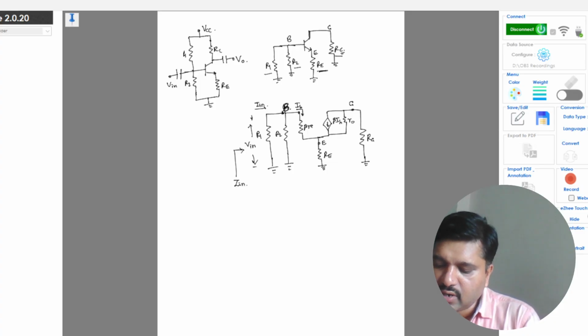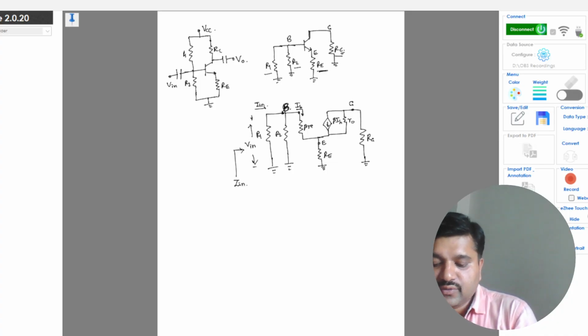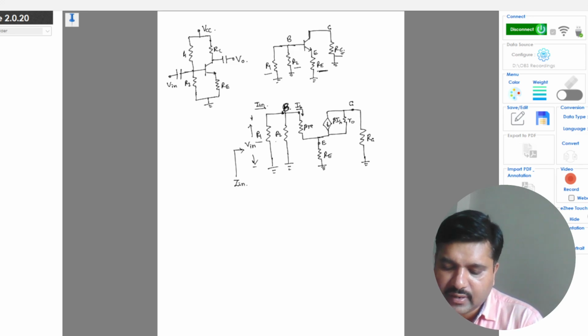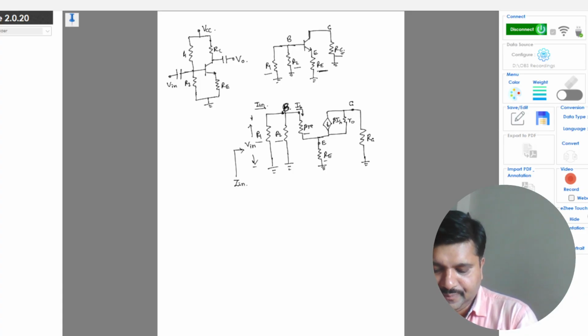So when we short the output voltage, RC will be 0, R0 will be very large, and the current source will be open circuit here. So the only components you have are R1, R2, beta RE and the resistance RE.